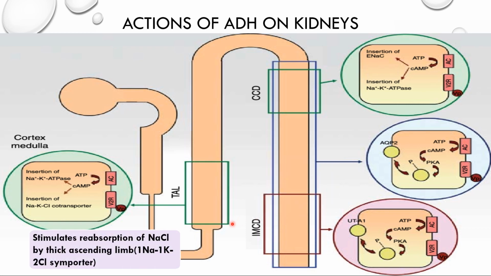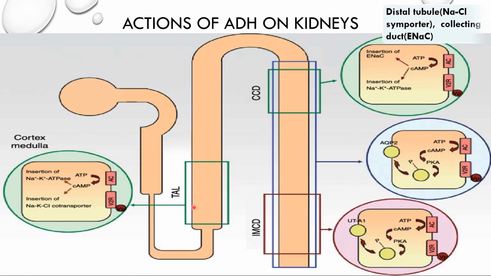It also acts on the thick ascending limb by stimulating the reabsorption of sodium chloride by the sodium potassium chloride cotransporter. And in the distal tubule, it stimulates the epithelial sodium channel and also the sodium chloride transporter.